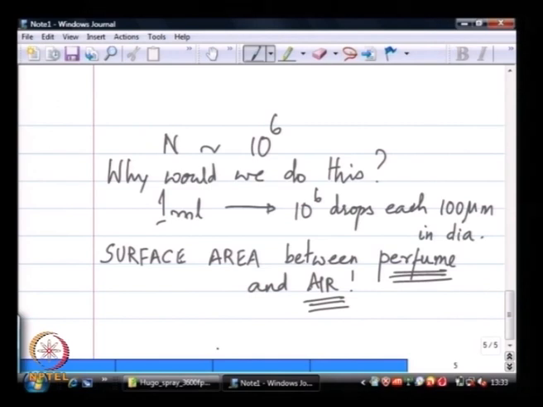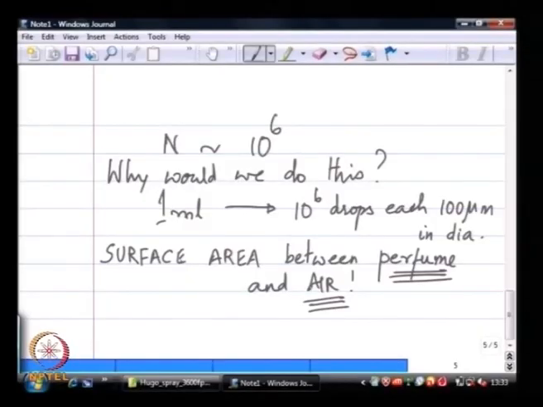Okay, we will make an estimate of that, but essentially what we have done is, this is not so obvious with human use of perfume, but if I want to deodorize a room like this, then I want to maximize the area of contact between the air in this room and the perfume itself, okay, and this is the most efficient way of doing it as far as increasing the surface area. So, let us see what we have done.